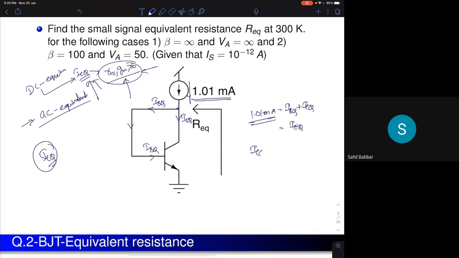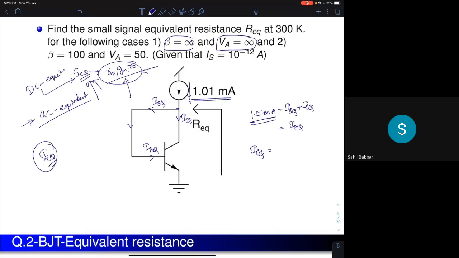So what is your quiescent collector current? See here, you have to do a little intelligent calculation. In the first question, we have given you beta equals infinity and VA equals infinity. This is an interesting result.